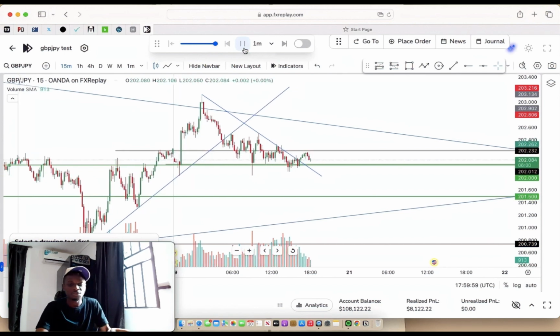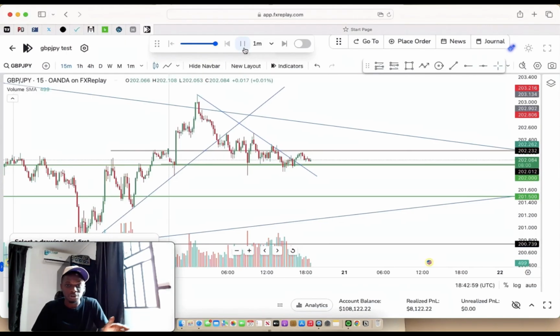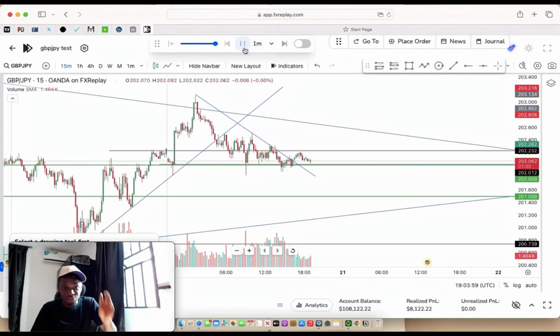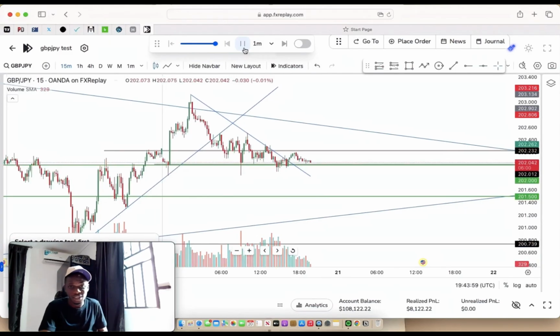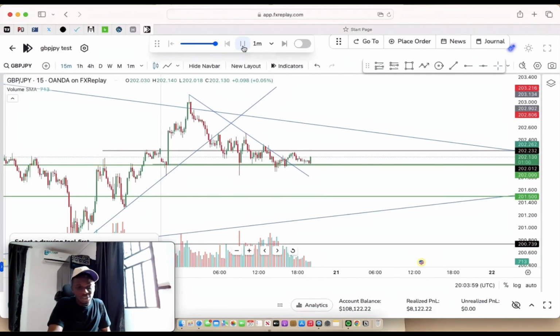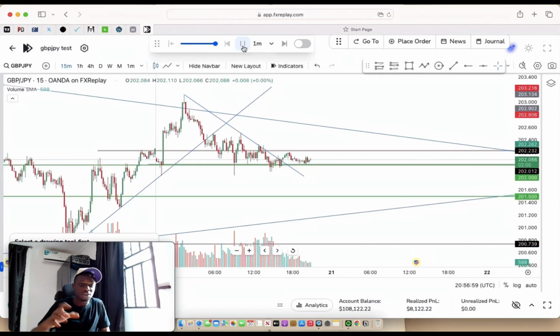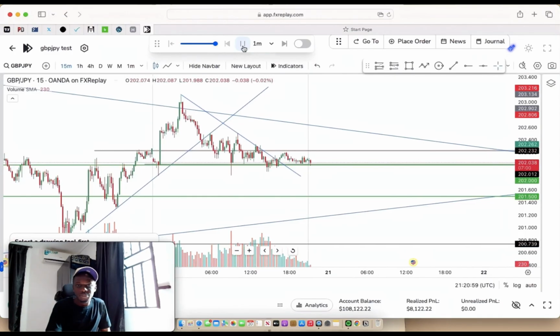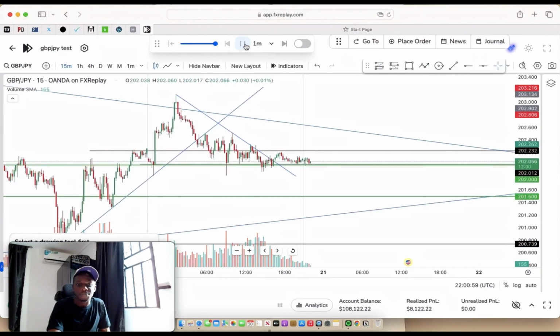My entry can be any time from London, but once it gets to like 3:30, 4, sometimes I don't take it anymore because there's nothing to chase there. If I enter, the market will probably just consolidate till the next day, just like this. See what's happening.